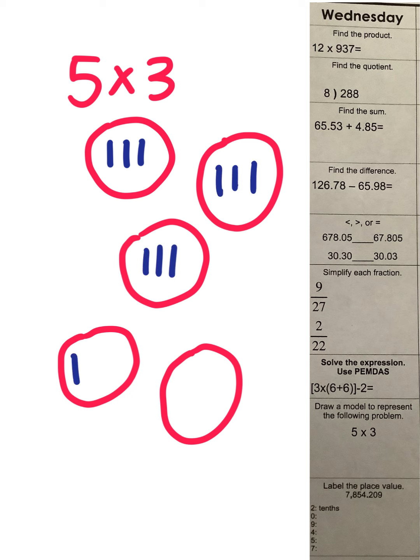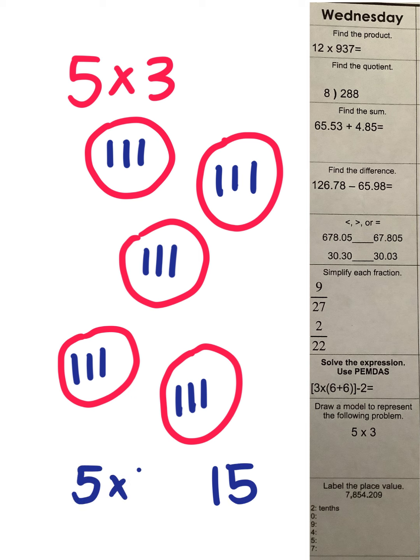If I were to count each of my logs, it would show a product of 15. So there are 5 groups with 3 in each group, which is equal to 15. So here is a model to represent 5 times 3.